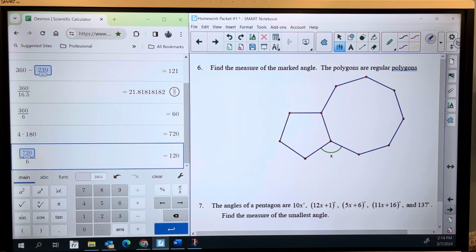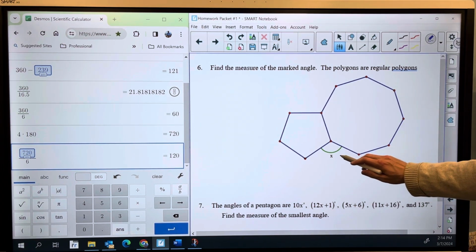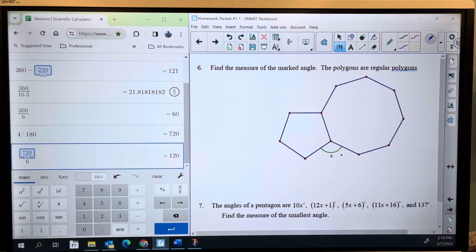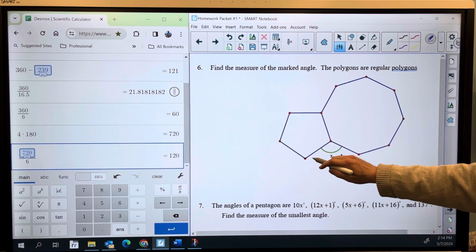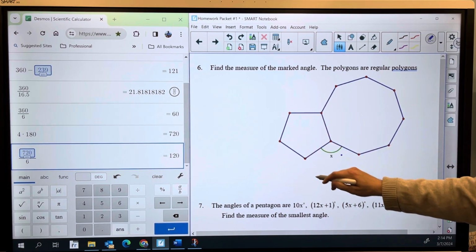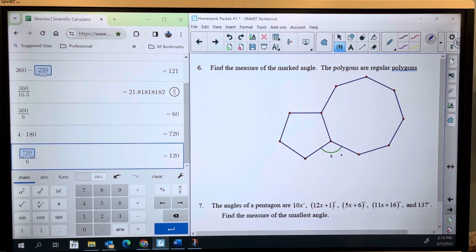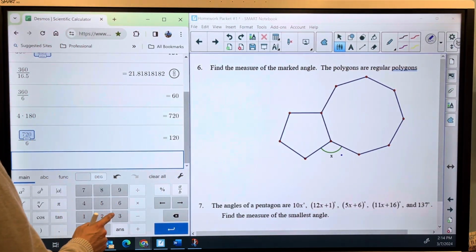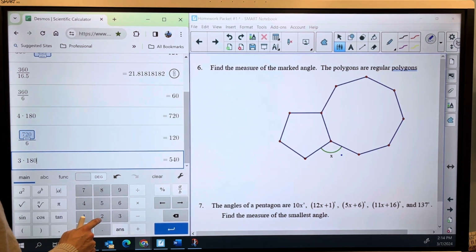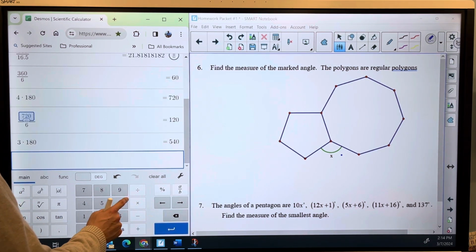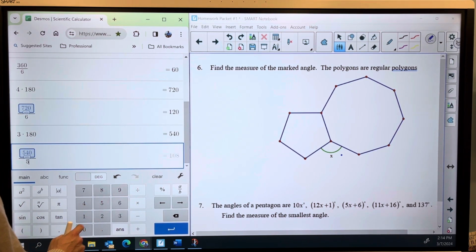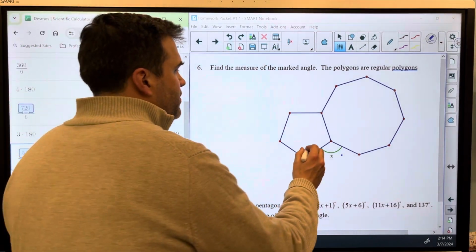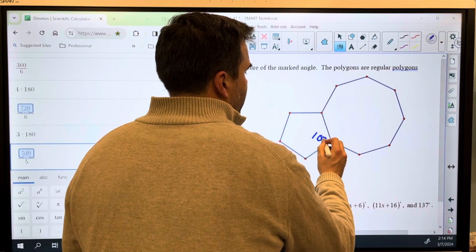Number 6, find the measure of the marked angle. The marked angle is x right down here. The polygons are regular polygons. So over here we've got a regular pentagon because we've got 5 sides. So I might quickly say, okay, 5 sides, that means 3 times 180, and that divided by 5 is 108. So each of these angles is 108.